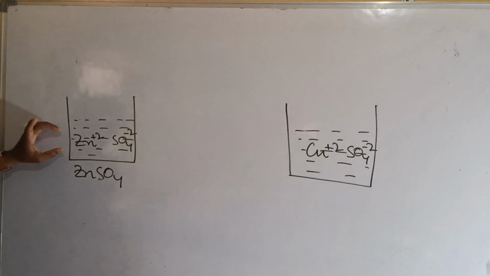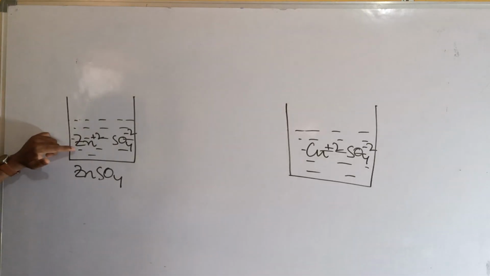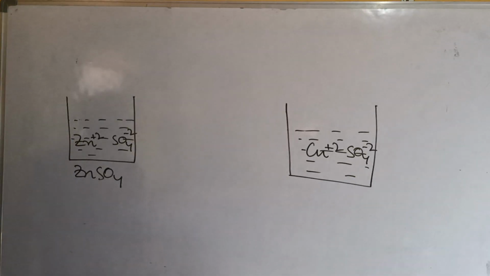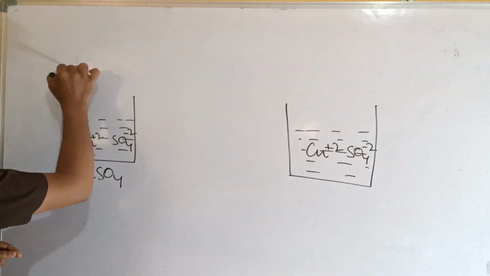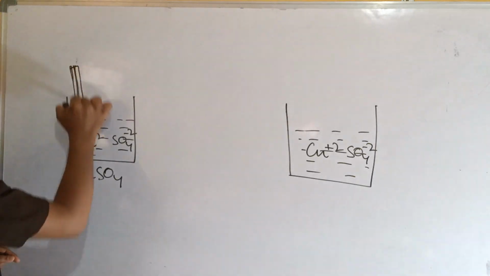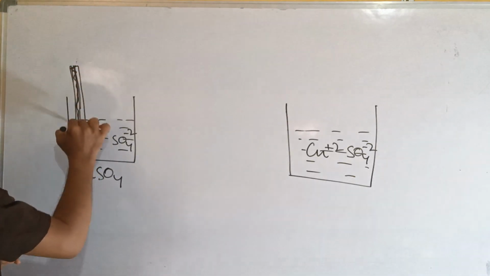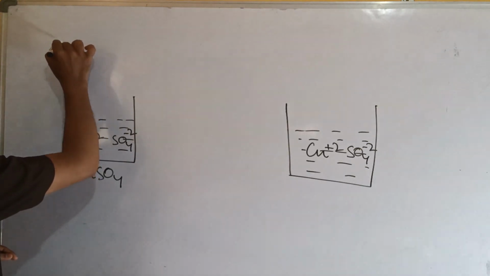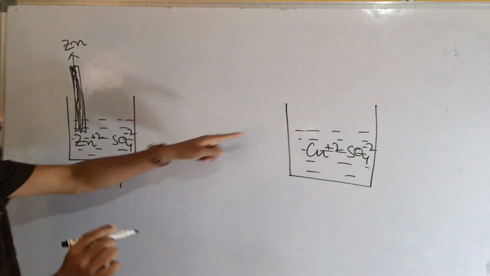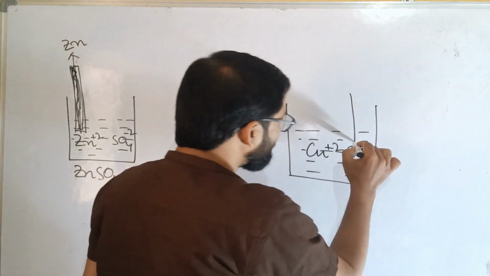In the case of ZnSO4 solution, there is the Zn+2 metallic ion, so with respect to the Zn+2 metallic ion, we use a zinc electrode here. Here the electrode will be copper.